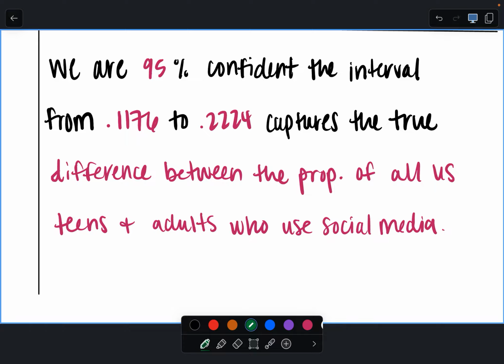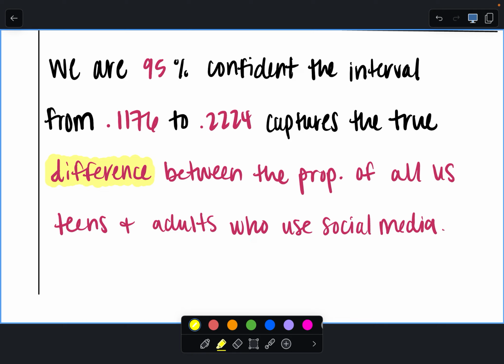The one thing that I am going to harp on, I know we are trying to shorthand everything and write as little as we possibly can. However, you cannot skip out on the fact that this is a difference being calculated.